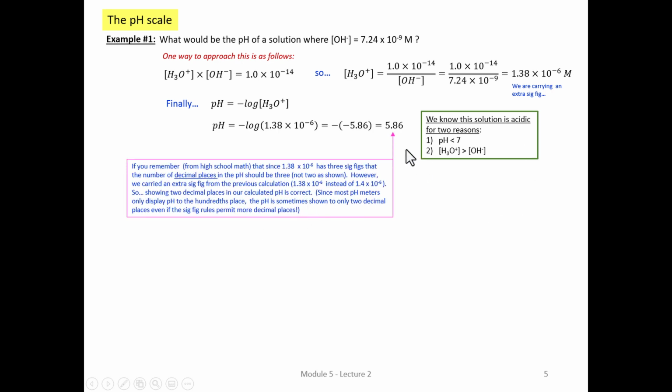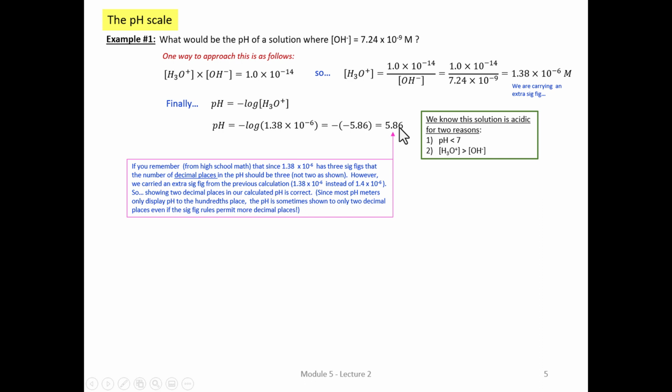You might remember from high school math that since 1.38 times 10 to the minus 6 has 3 significant figures, and that's a little bit of a lie because we carried an extra one here, but let's see this through, the number of decimal places in the pH should be 3, not 2 as shown.